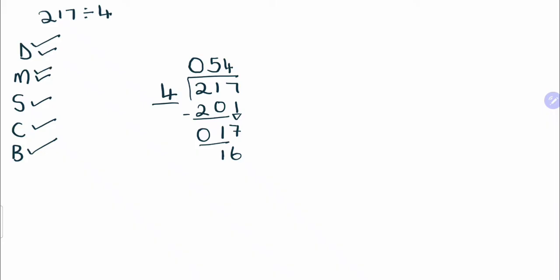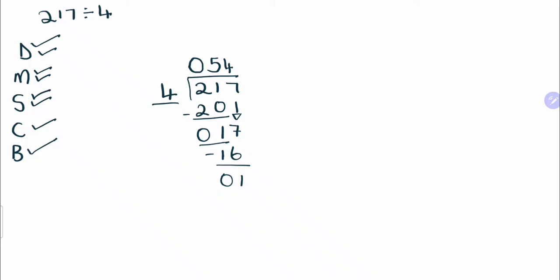Now that we've multiplied, we need to subtract. What are we subtracting? Remember, the numbers that line themselves up. 17 minus 16. Now let's work this out quickly. 7 minus 6 is 1. 1 minus 1 is 0. Now that we have subtracted, we need to check our answers, right? We need to check if 4 goes into 1.